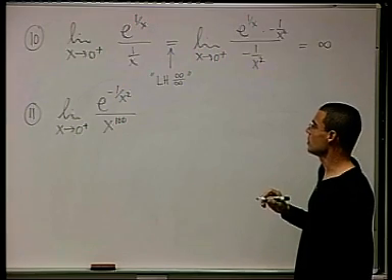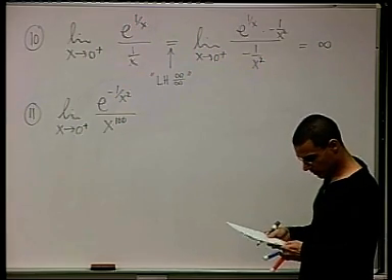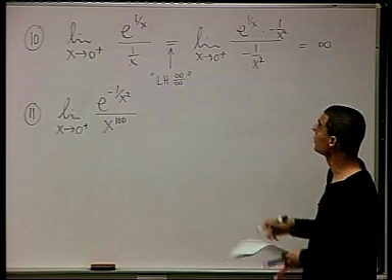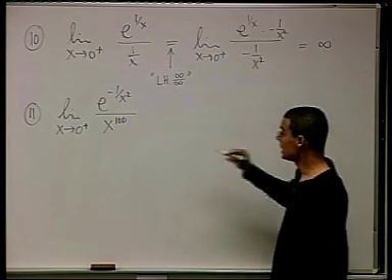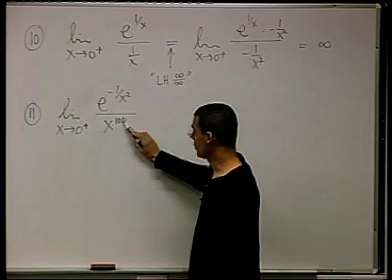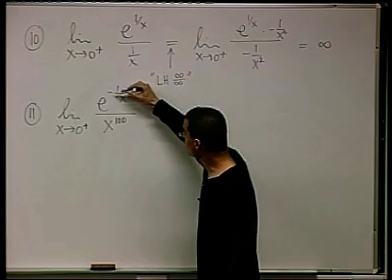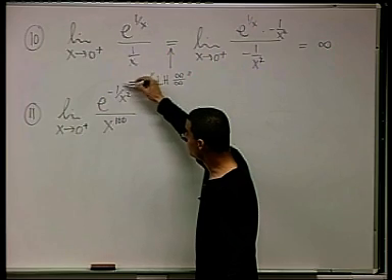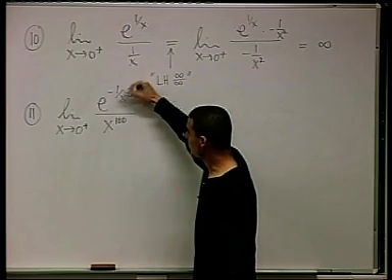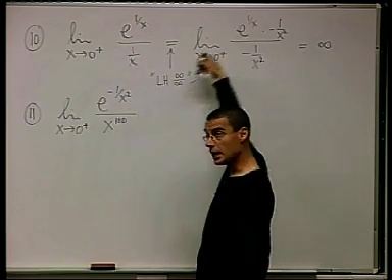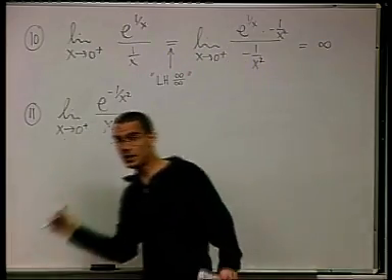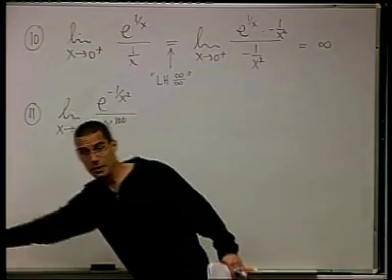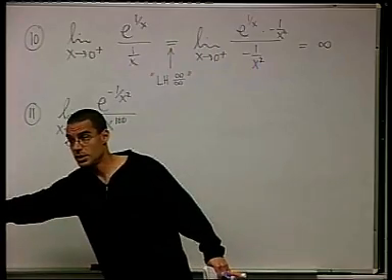Again, this is a 0 over 0 situation, because as x goes to 0, this goes to 0. And here, because of this minus, this goes to infinity, so minus this goes to minus infinity, and e to the x, when x goes to minus infinity, goes to 0. Do you see that?